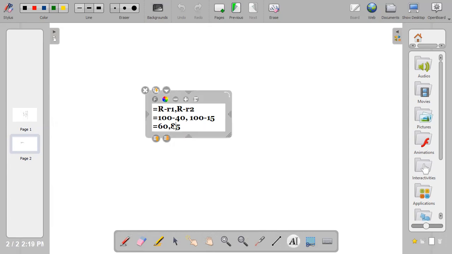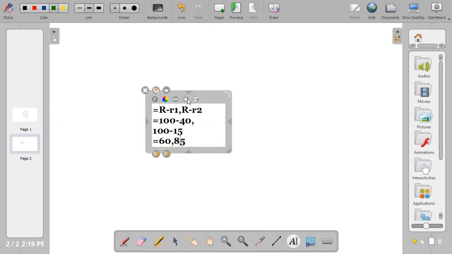So the big R is 100, which is R minus R1 and R minus R2. Take out the radius for R1. The diameter for R1 is 80, so the radius is 40. Now, 100 minus 40 gives you 60.